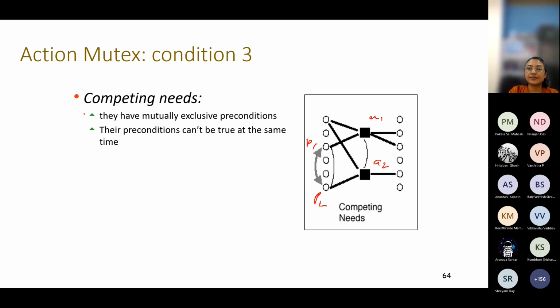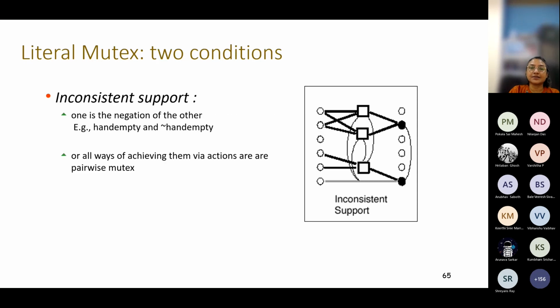Okay. So this is the third type of action mutex. Now we look at proposition mutex. There are two types of proposition mutex. One is inconsistent support. That is, one is the negation of the other. That is, hand empty and not hand empty. Right? One is the negation of the other.